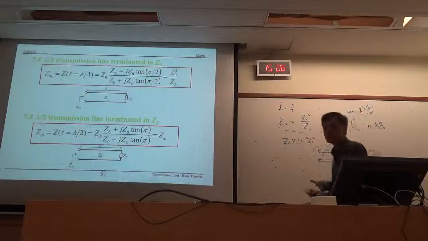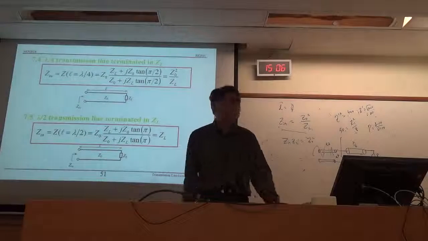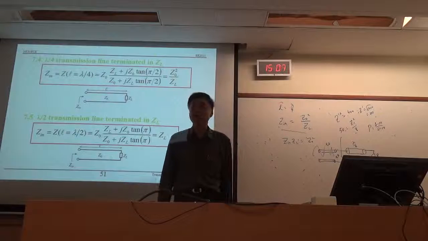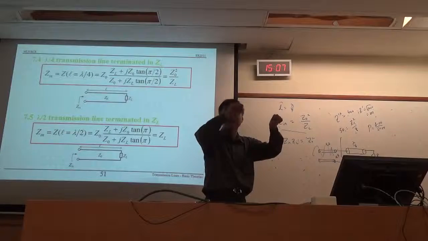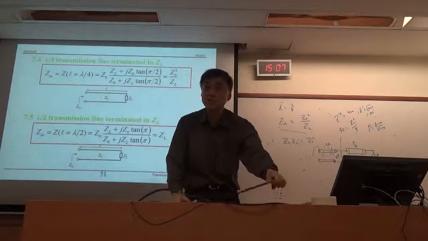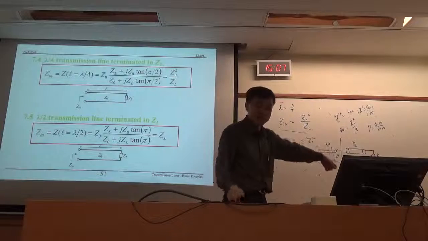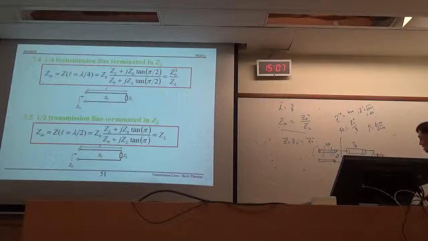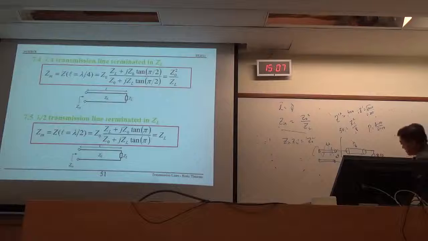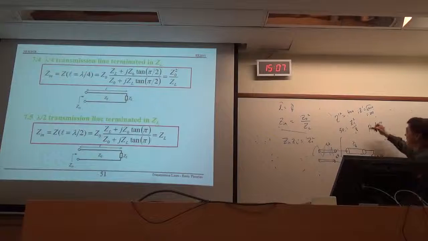But you may want to ask, how can you do that? Where are you going to find the 20 ohm transmission line? If you use a physical transmission line like this, it is not easy, because the load might not be 8. What happens if this one is 10?